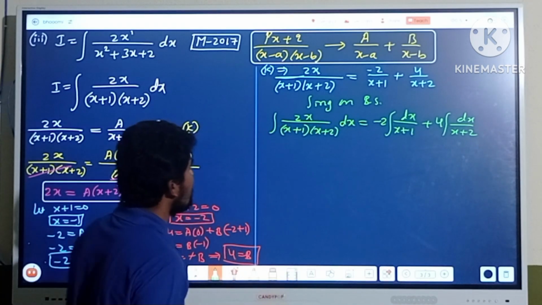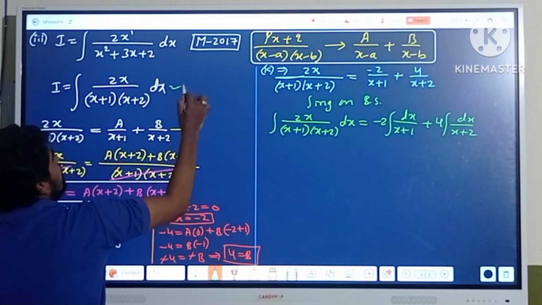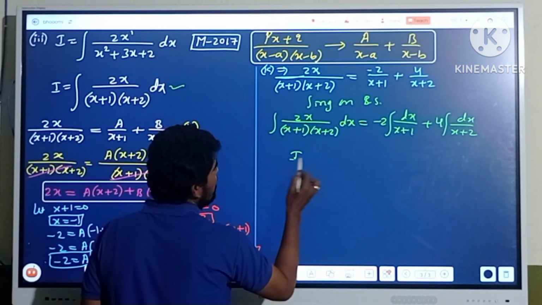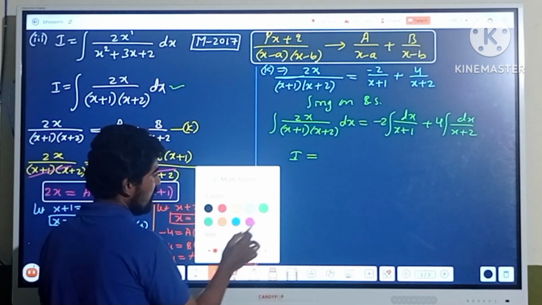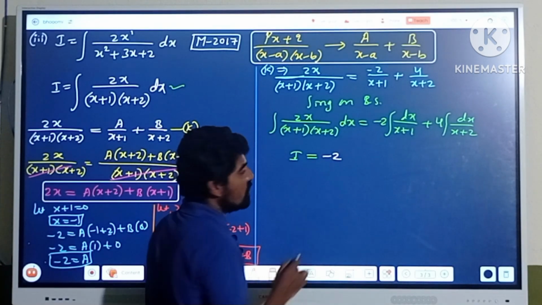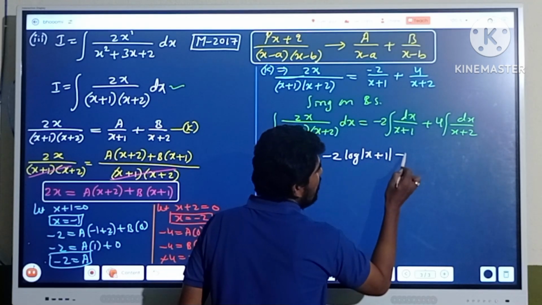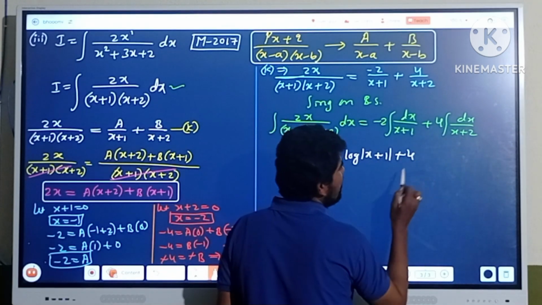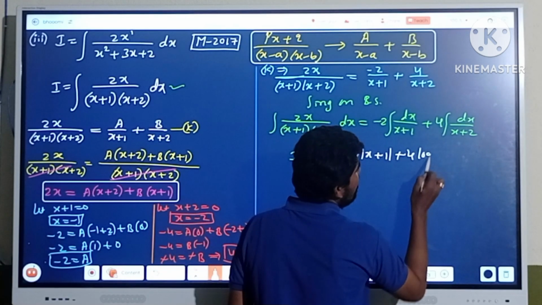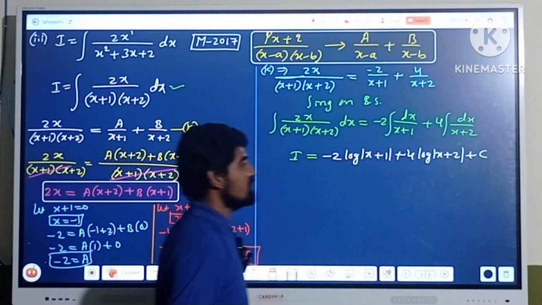And this left side integral is equal to what? I. Therefore it can be replaced by I. I equals −2 into the integration of dx by (x + 1), which is log (x + 1), plus 4 into the integration of dx by (x + 2), which is log (x + 2), plus integral constant c.